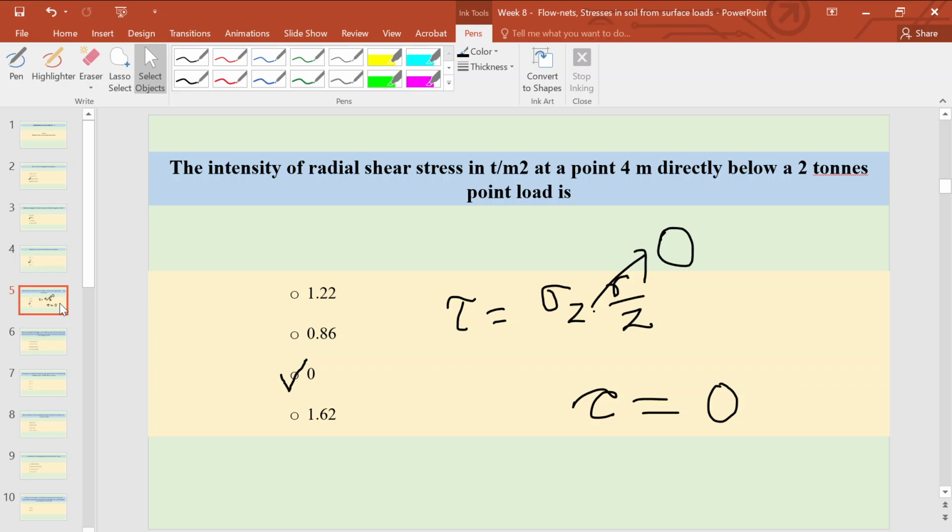In such cases the value of the shear stress will be very low, but still we'll get some value. So it can be less than or more than 1. When r and z are both equal, then tau and sigma z also will be equal. Yes, exactly. That's a very good observation. Tau and sigma will be equal when r equals z. Next question.